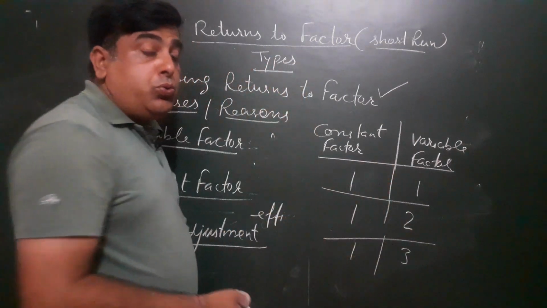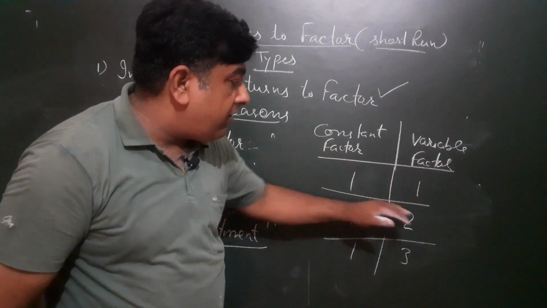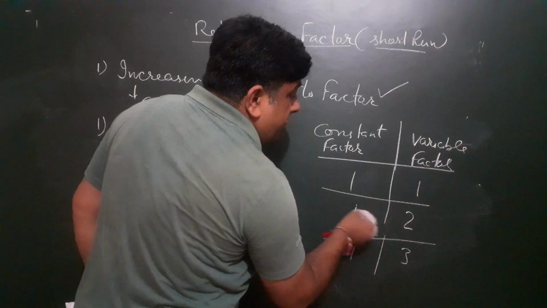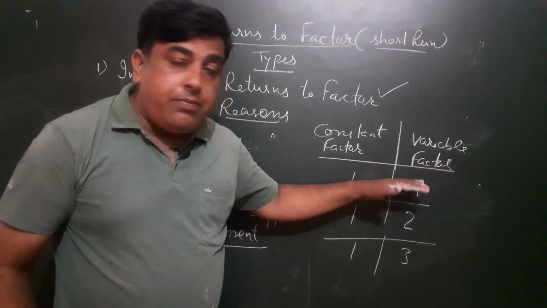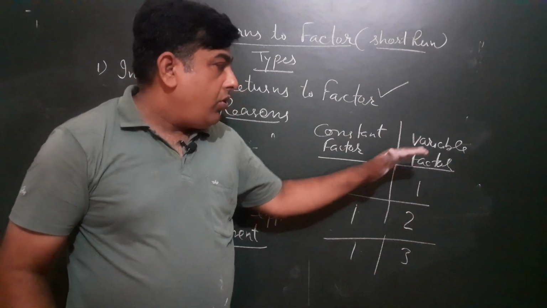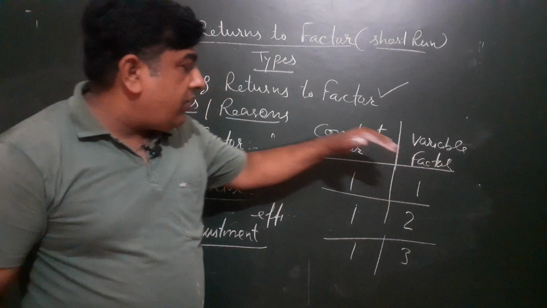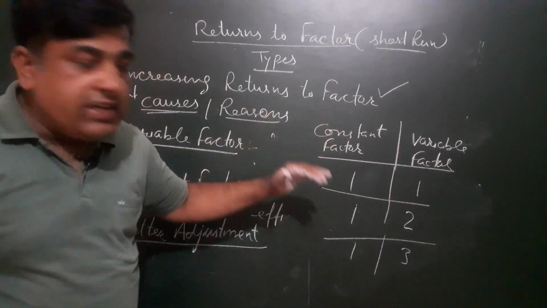When we use variable factor with constant factor, there is a better adjustment of the ratio. This is the best ratio.